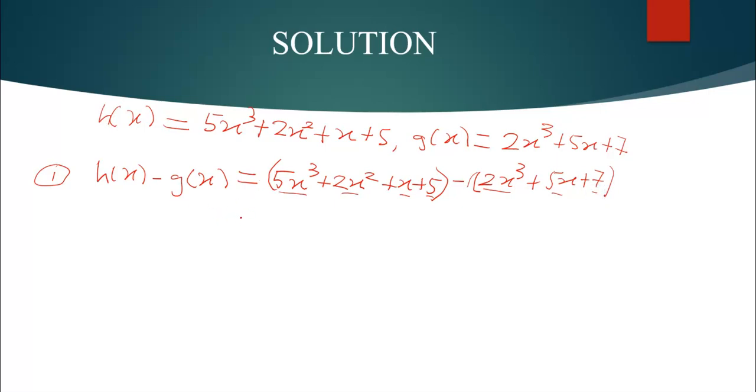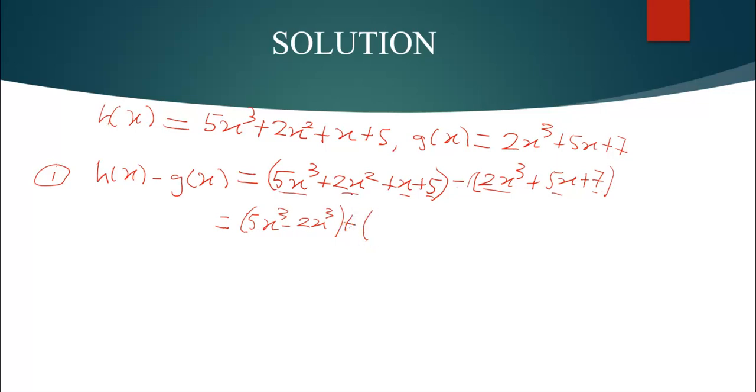So let's see how we can do our subtraction. We are going to have 5x cubed minus 2x cubed. To make it simple, just put them into brackets.